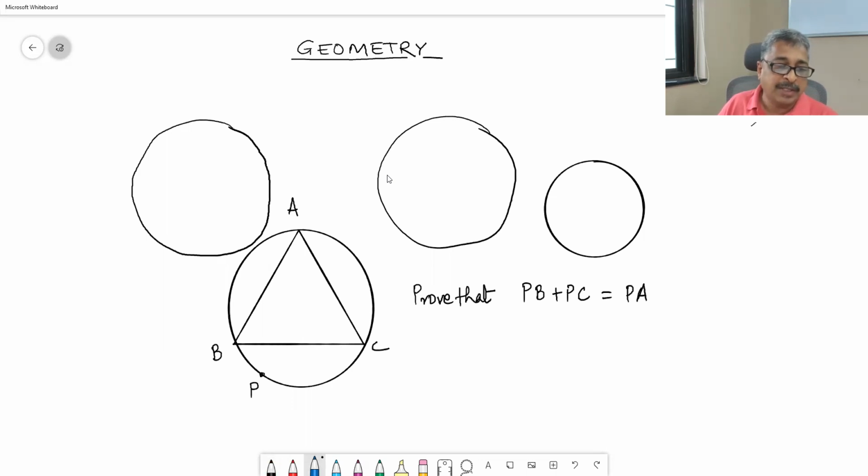So if you add these distances, this plus this, you end up getting this distance. That is the problem.